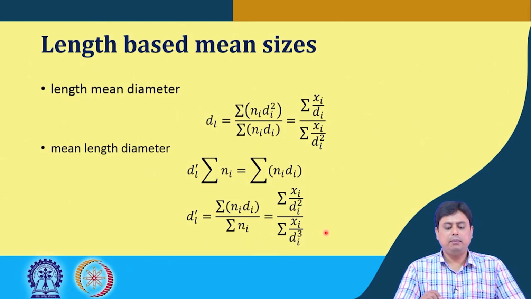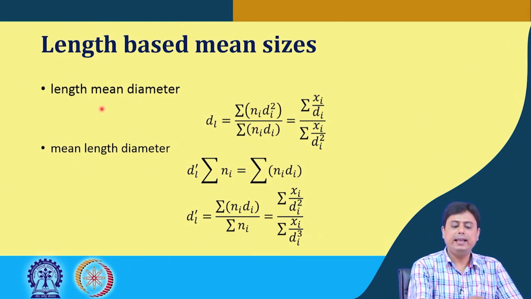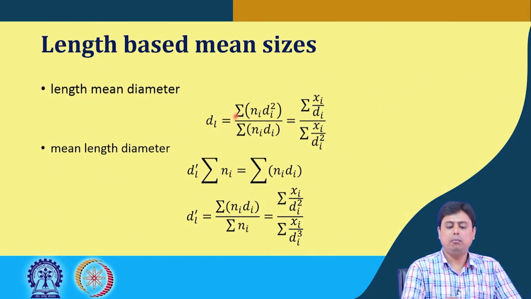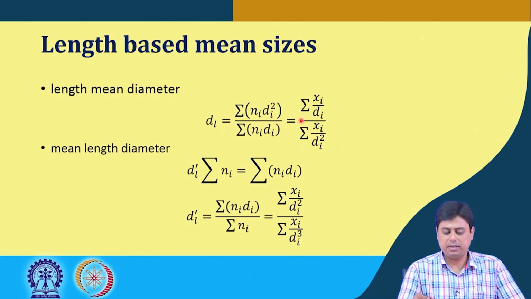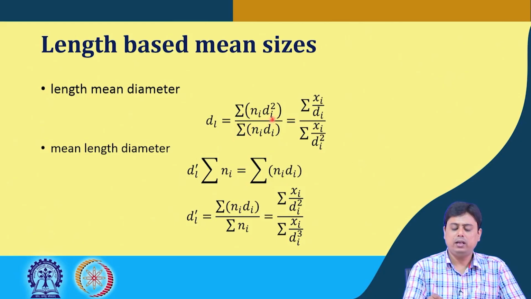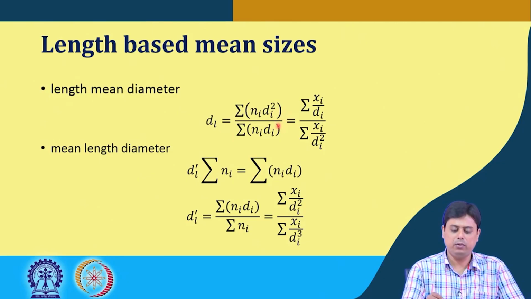For the length based mean sizes, the length mean diameter is defined by this expression, where this is ni and di square. Now length is basically proportional to the linear dimension, so there is no necessity of expressing that with another proportionality constant. It becomes this expression for the number distribution, and this is with the mass fraction distribution.